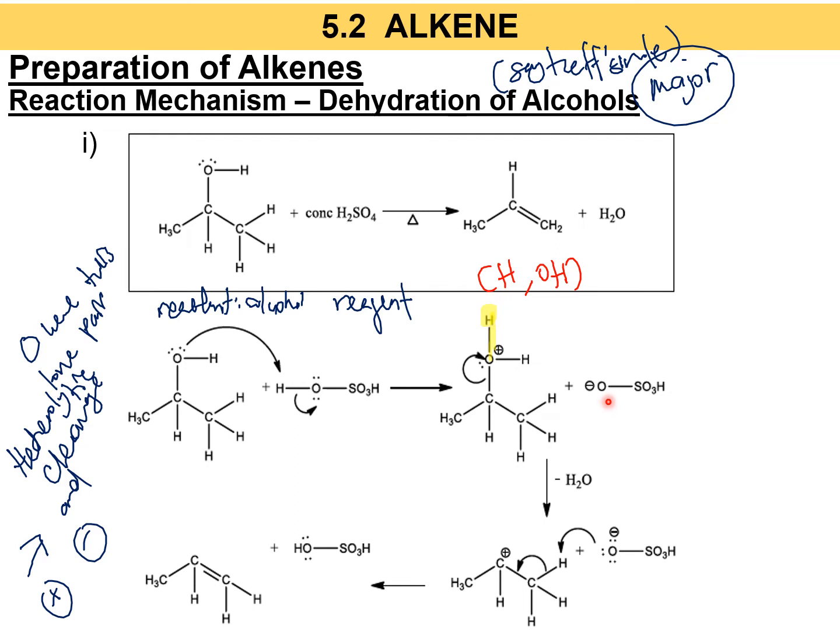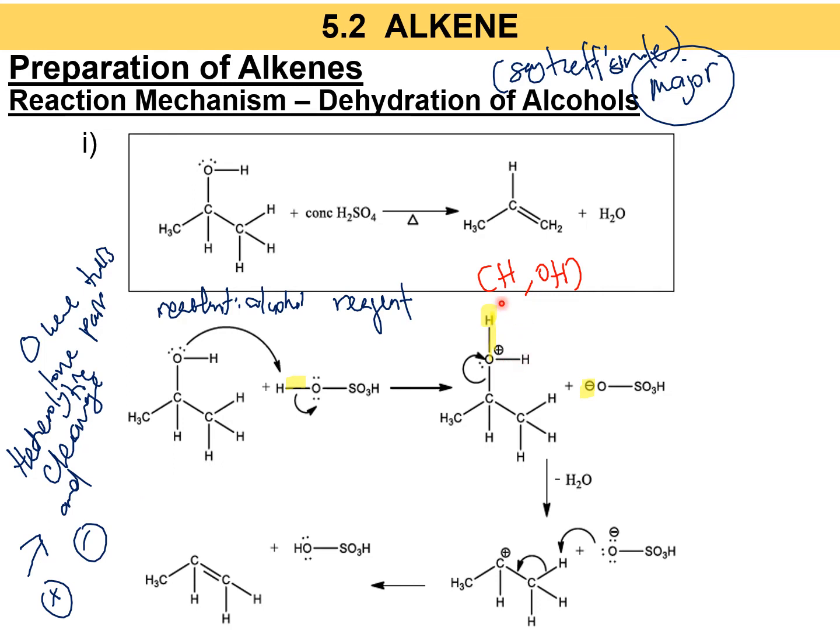Dia jadi anion, sebab dia receive dua electron from this bond. Itulah dia. Kalau you buat heterolytic cleavage, mesti you kena ingat, mesti ada reaction intermediate ataupun produk dia sama ada satu jadi cation, satu lagi jadi anion.